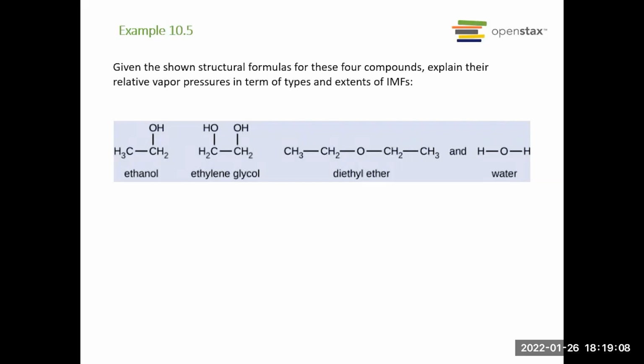In that case, that would have the lowest vapor pressure. So you're right, the ethylene glycol will have the lowest vapor pressure, because it has more forces involved and stronger forces involved. Then it would be water. Then it would be ethanol or diethyl ether.